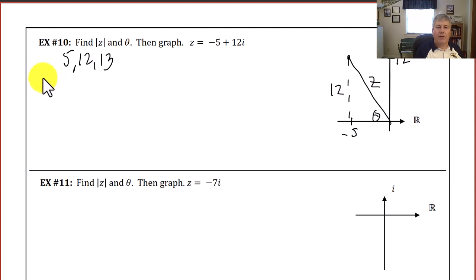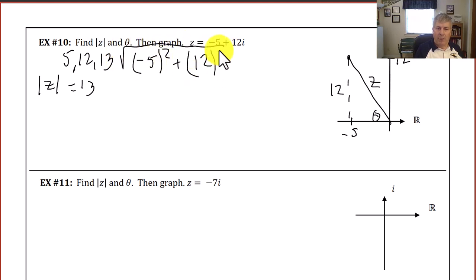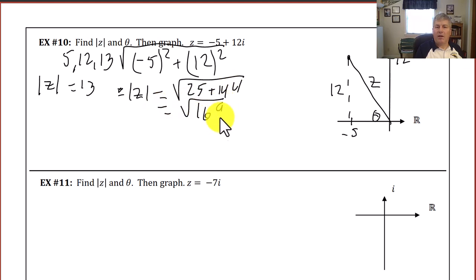So we can say that the magnitude of z is equal to 13, or we could do the square root of a squared plus b squared equals the magnitude of z, which is the square root of 25 plus 144, or the square root of 169, and sure enough, we know that that is equal to 13.